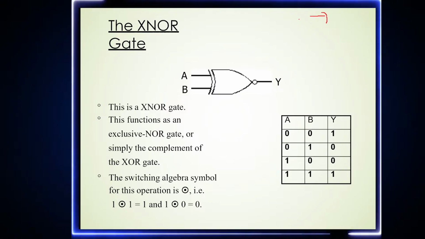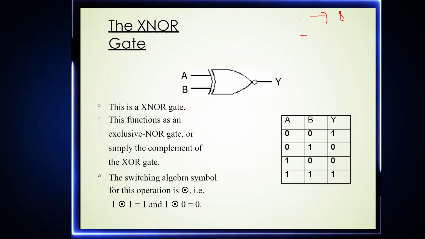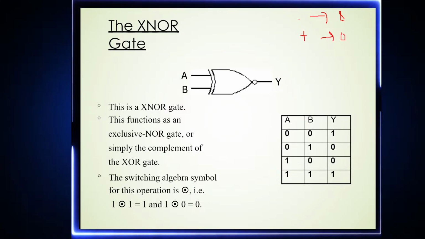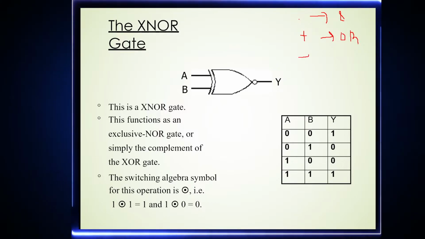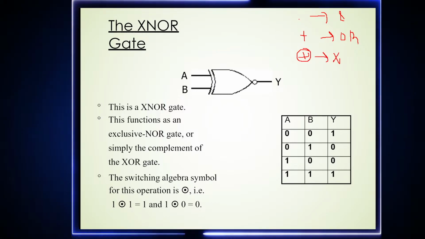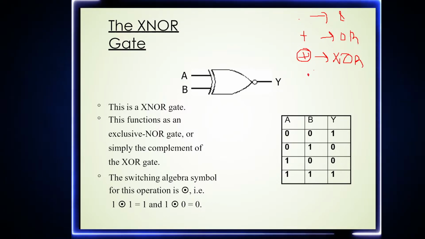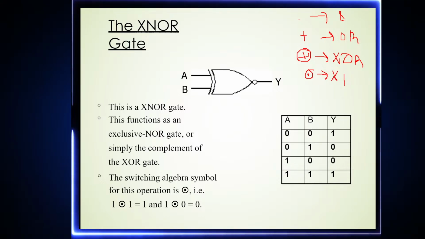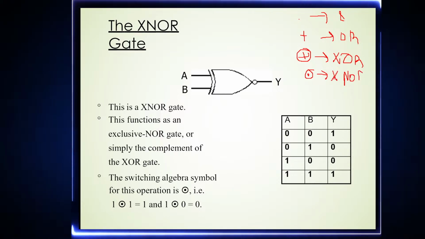A dot is nothing but AND, plus is nothing but OR, plus with a circle is nothing but XOR, and a dot with a circle is XNOR. This is our next function, XNOR.